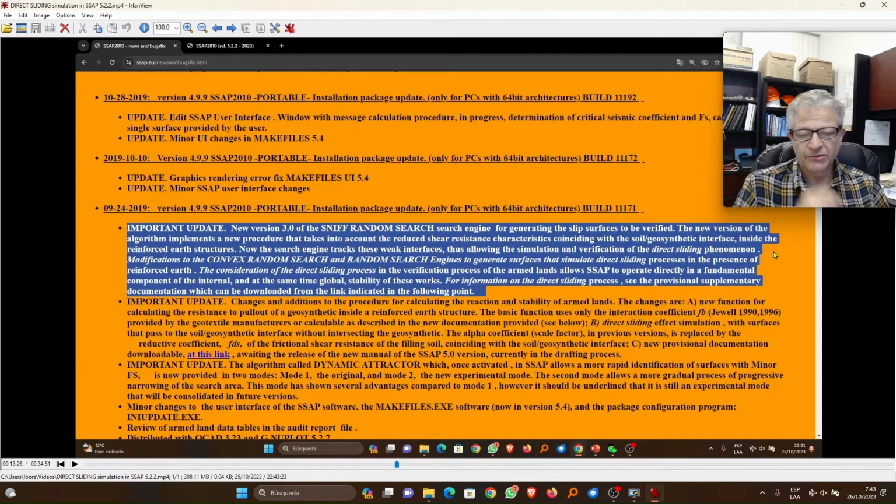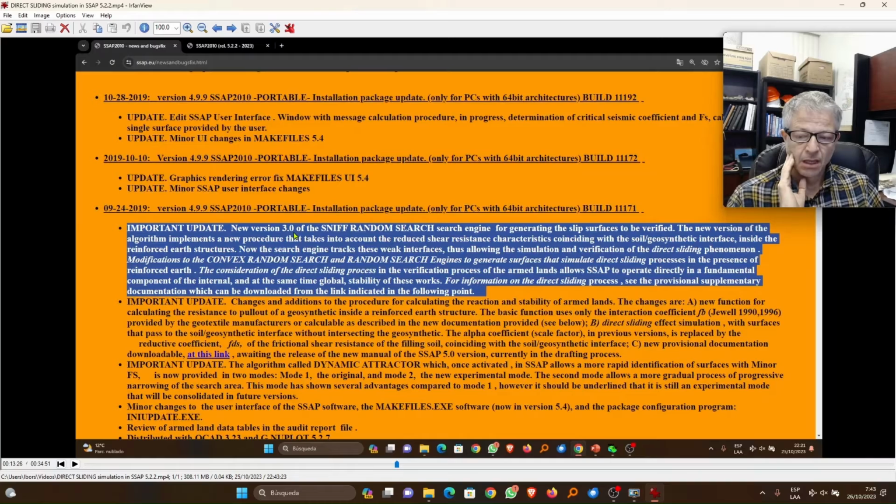In other terms, you find the simulation and verification of the direct slide phenomenon in reinforced earth structure. We modified the convex random search and random search engine, but especially we changed the sniff random search, which is different from the convex and random search that are brute force Monte Carlo methods, generating sliding surface samples.